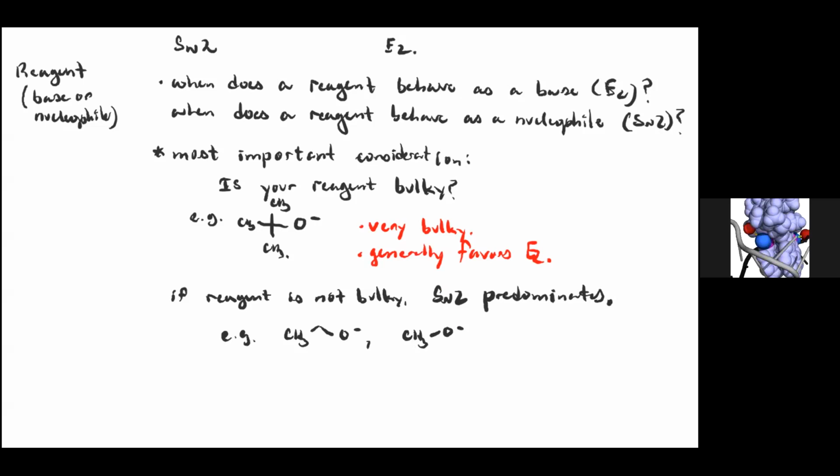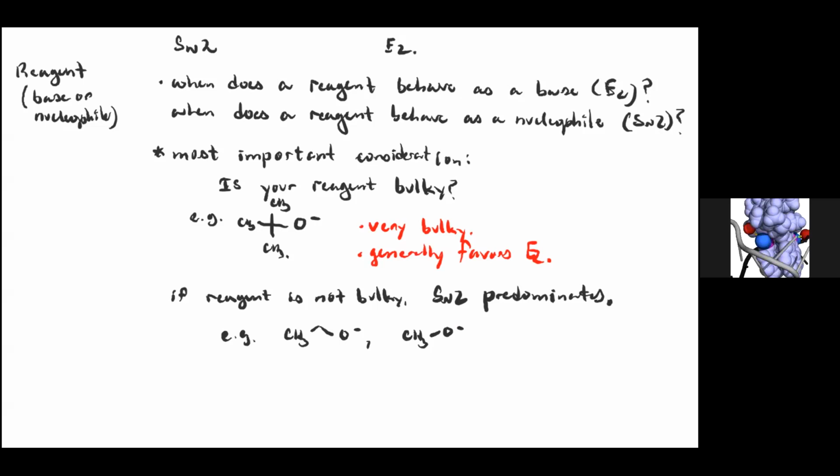Okay, so that is really as deep as you need to go when you're thinking about the contributions of the reagent. Okay, is it bulky or not? And if it is, it's going to favor an elimination. If it's not, it's going to favor a displacement.